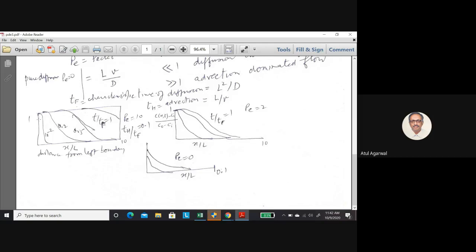Again, when you have a large Peclet number, 10, you see the full value realized up to a certain distance where convective effects have reached. Elsewhere, it is slowly building up. So we see the effect of both the convection or advection effect as well as the diffusion effect.